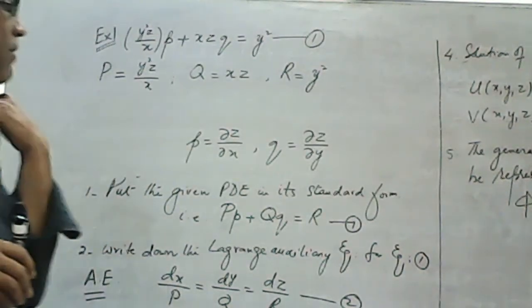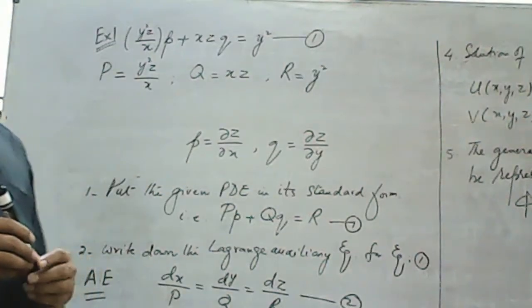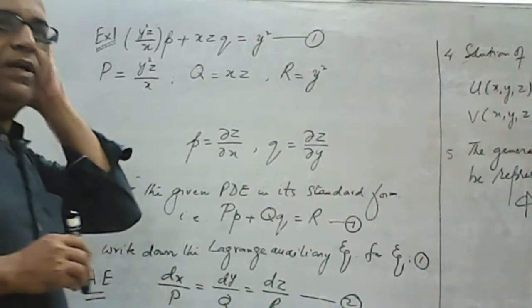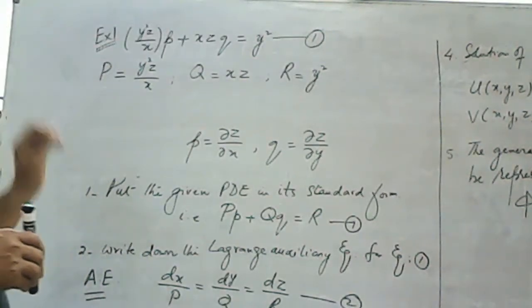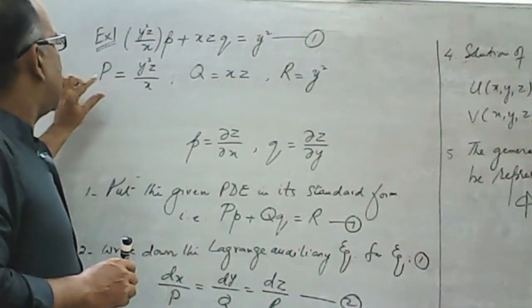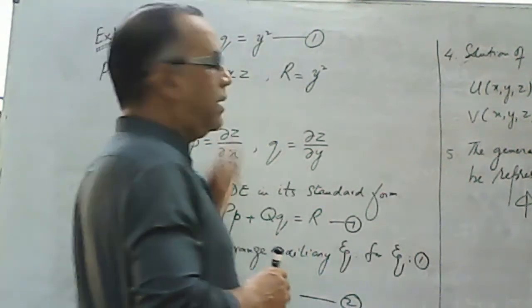Then I will tell you how we can transform the given equation into its standard form. So since this equation is given in its standard form, our first step will be to identify capital P, capital Q and capital R.